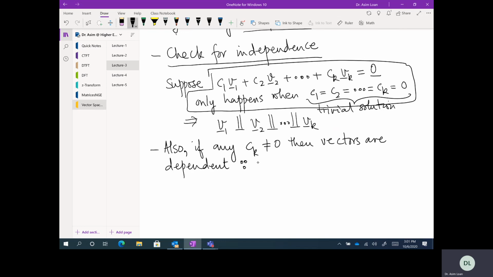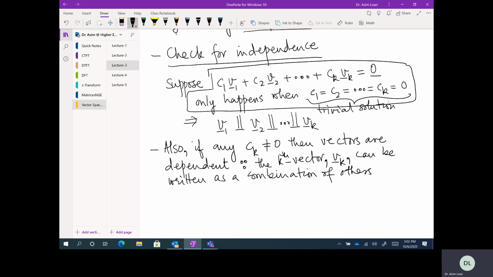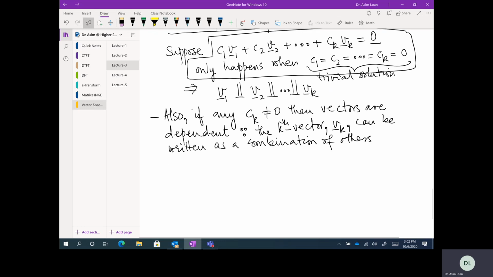Because the kth vector vk can be written as a combination of the others.